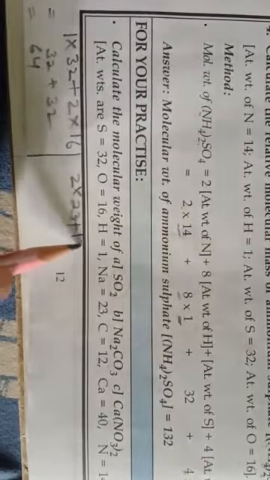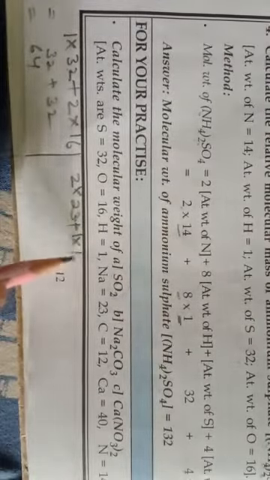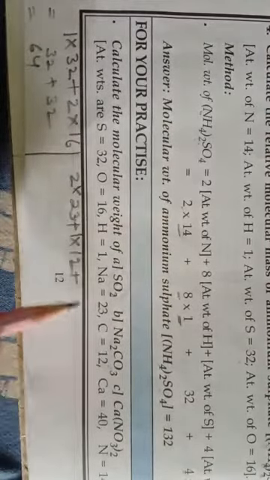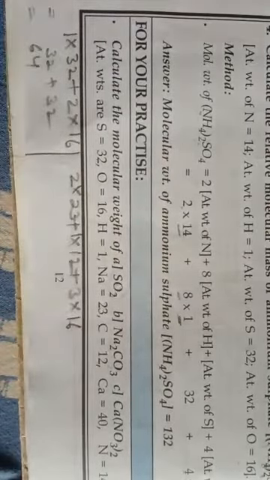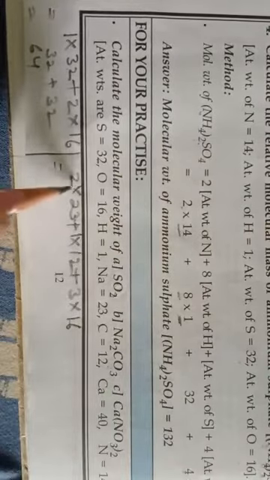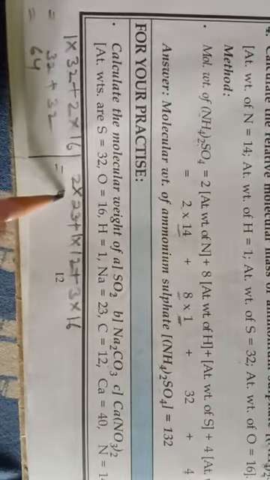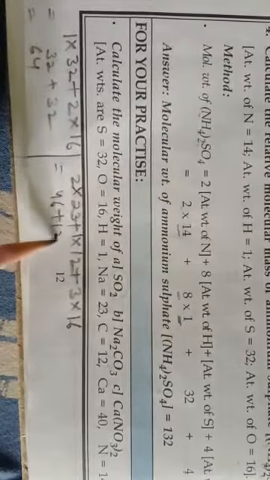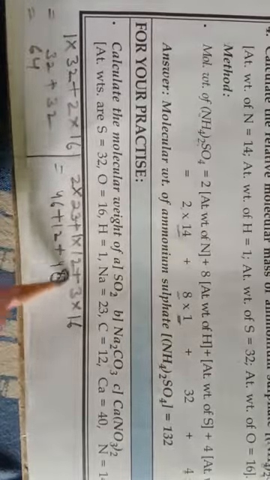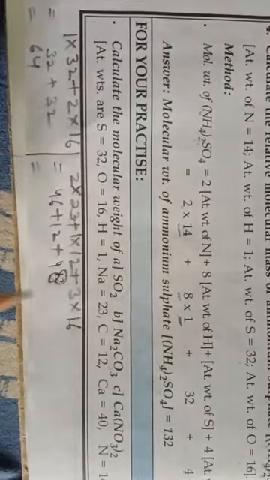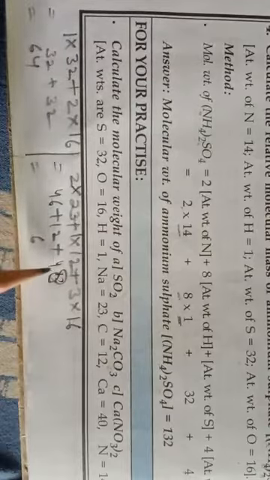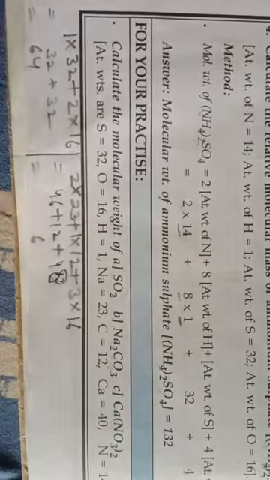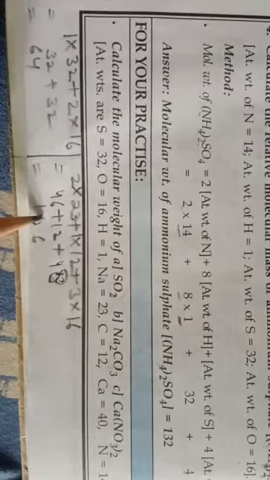1 atom of carbon into the atomic mass of carbon, 12, which is given here, plus the number of atoms of oxygen, 3, into the atomic mass of oxygen, 16. Okay children, so it becomes 2 into 23, which is 46, plus 12 plus 48, which is 106.